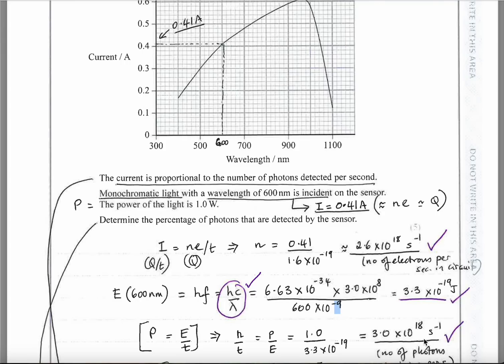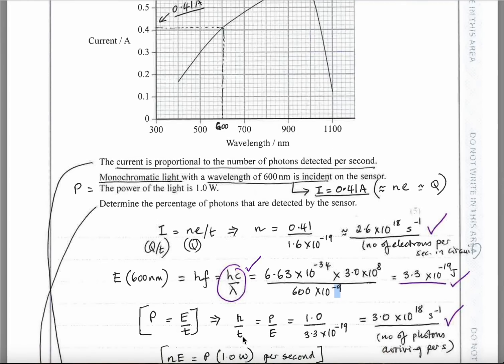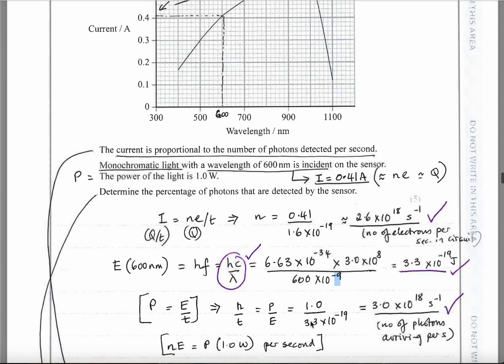Remember, if we do it per second, then the answer will be per second. So you can change the equation round. If t is 1 second, n is equal to p over e, the number arriving per second. So it's 1.0 divided by the energy in joules.